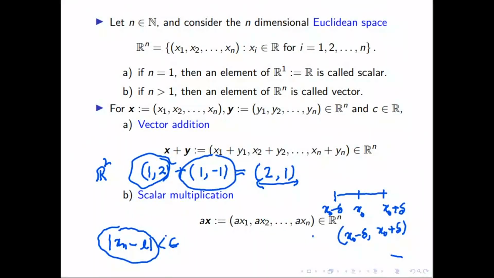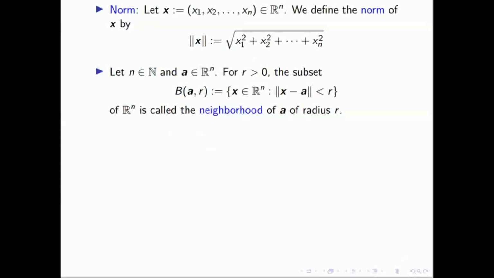The mod is replaced by norm, and their distance formulas are different. So how will this interval in R look in R2, or in R3? We'll see, that is denoted by this one. So what is the definition?